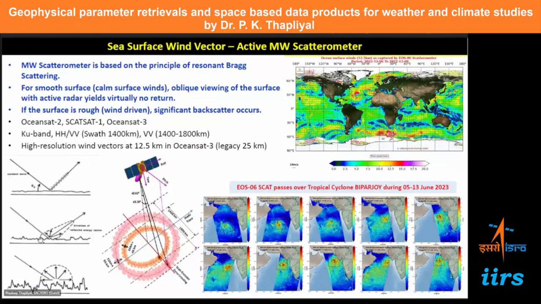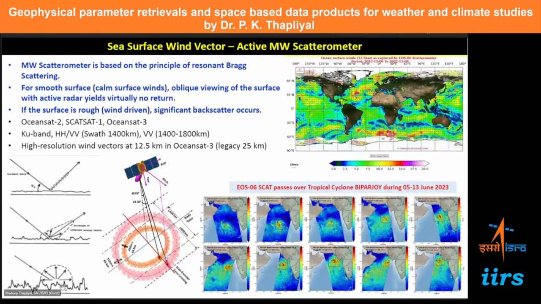But when sea surface roughness increases, and this roughness is increasing because of increase in wind speed, wind speed driven capillary waves are generated at the sea surface, and that causes Bragg scattering. When there is very large wind, the backscattering will be very large. So when there is no wind over the surface, there is no backscatter radiation.